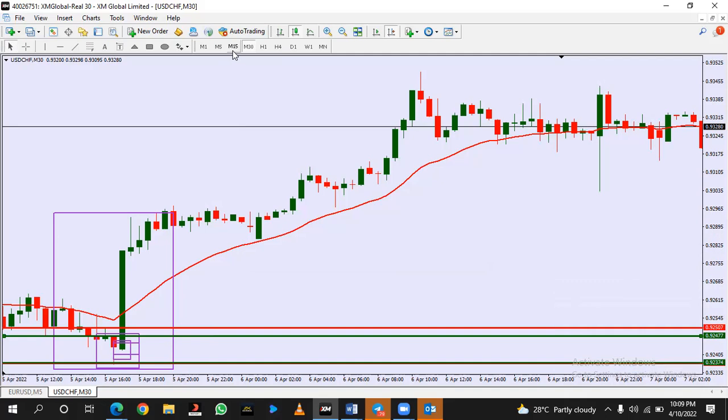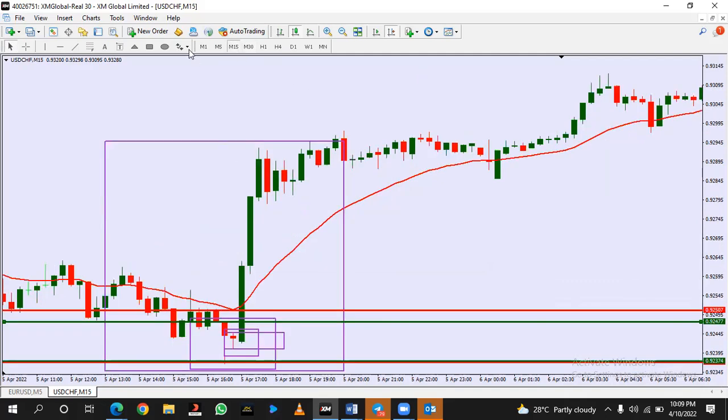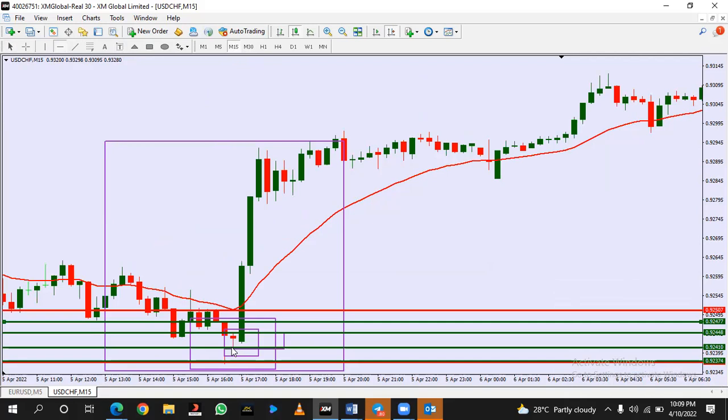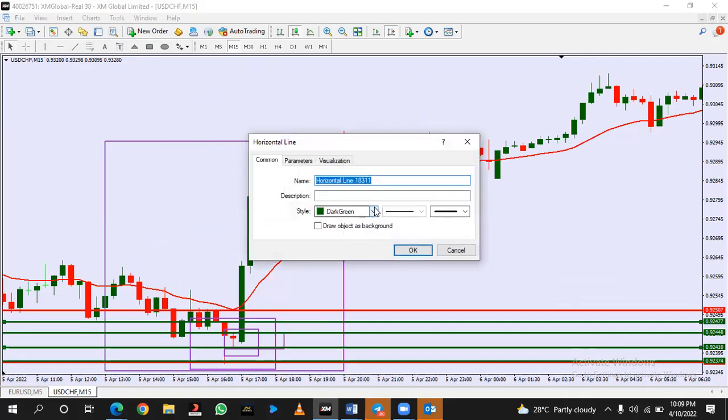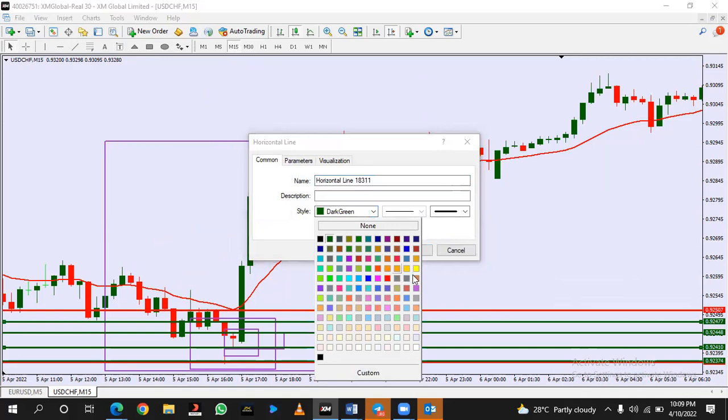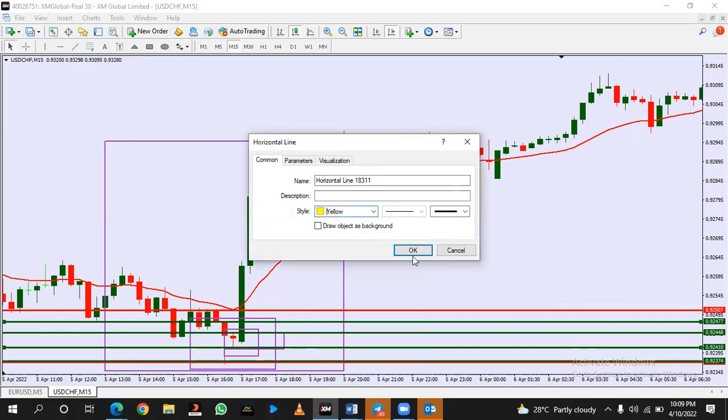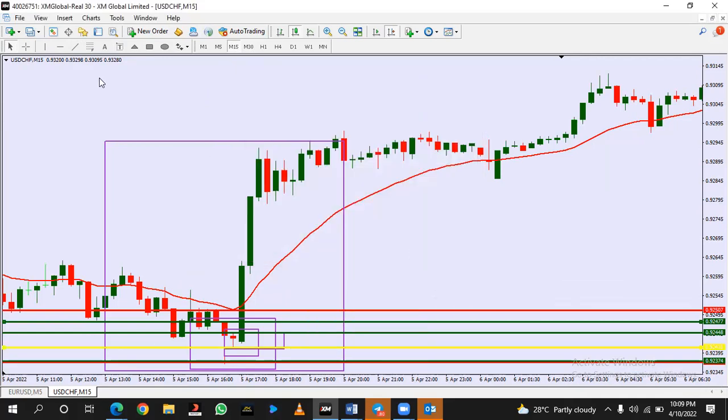When we come to the 15 minutes, are you seeing how small the order block region has now become? This particular bar. Let me change the color. Are we seeing this?